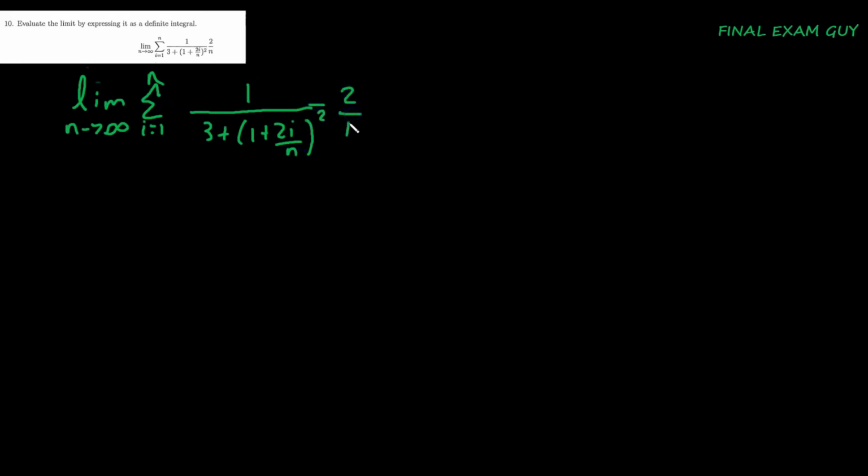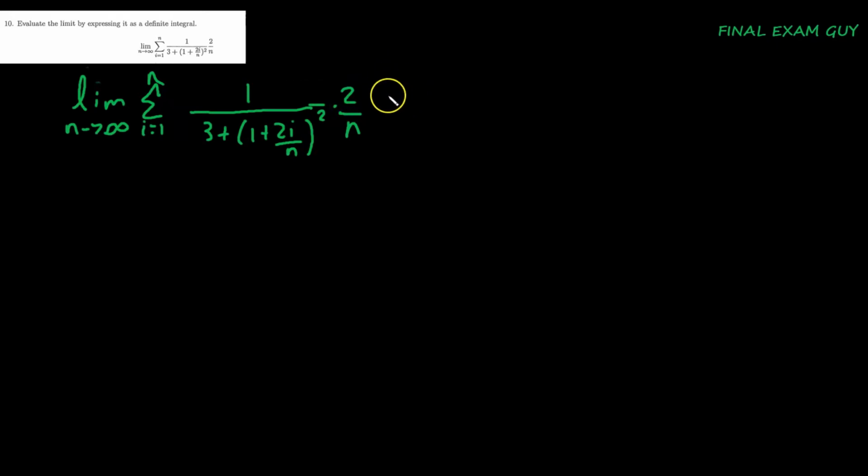All right, guys. For the next question, it says to evaluate the limit by expressing it as a definite integral. So they give us this limit here: the limit as n approaches infinity of the summation from i equals 1 to n of 1 over 3 plus (1 plus 2i over n) squared, times 2 over n.